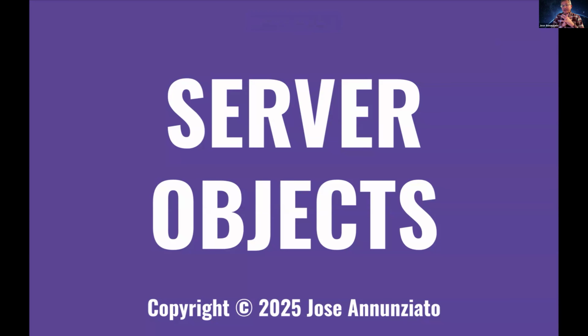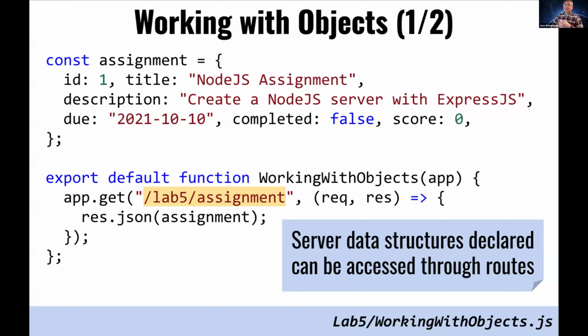Let's take a look at how we would start dealing with objects, or maybe even arrays. The server can represent objects, just like the client on React.js can also represent objects, and we can manipulate them.